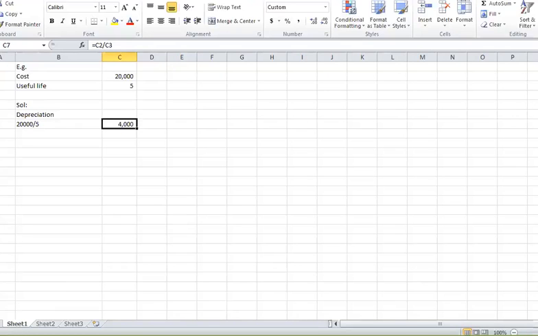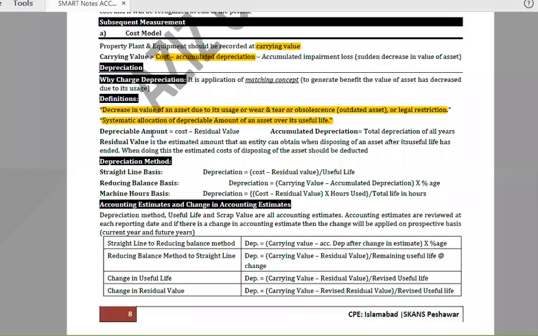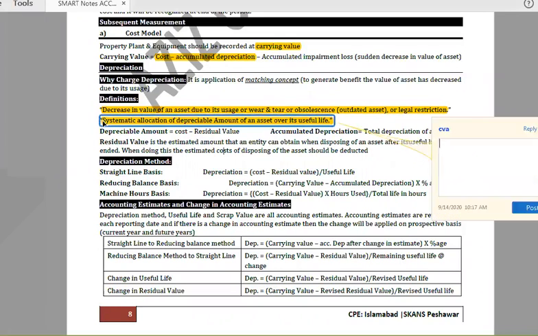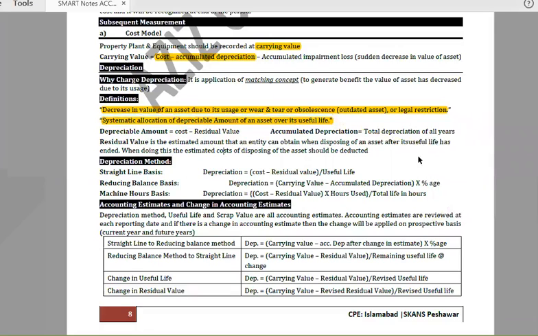So this is systematic allocation of depreciable amount of an asset over its useful life. Splitting the value of an asset over the useful life is called depreciation.